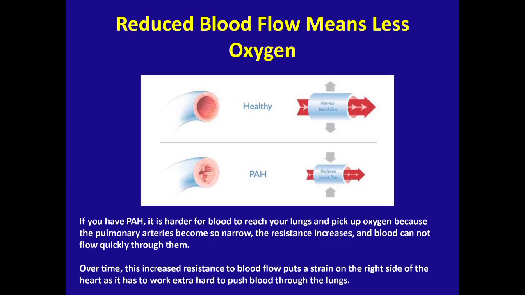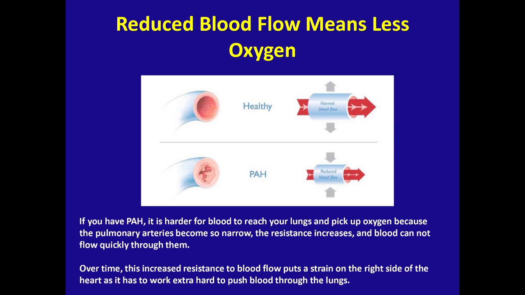So if you have pulmonary arterial hypertension, it gets harder for the blood to reach your lungs and be able to pick up oxygen. You go from these healthy blood vessels to these narrowed, diseased blood vessels. The resistance to blood flow goes up, and it makes it harder for blood to get there. The heart has to work harder and harder to push blood through the lungs.